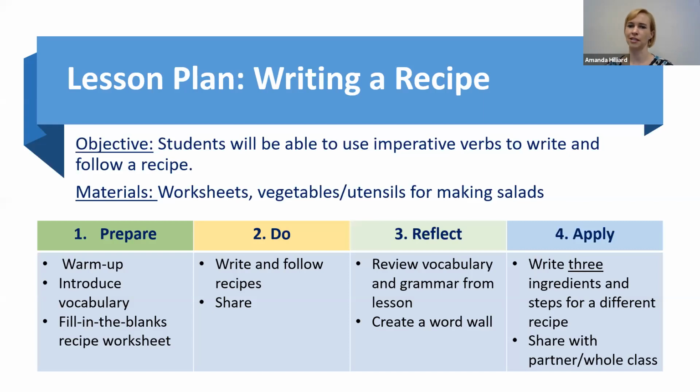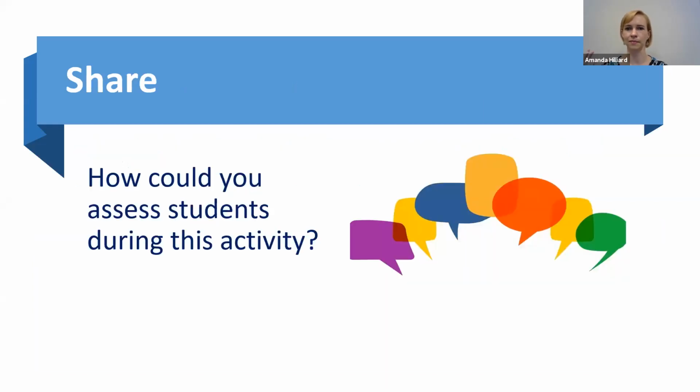After that, they reflect on the new language that they learned to create a word wall that will go up in the classroom as a reminder of the activity for future days. And at the end, they're applying what they learned by writing 3 other ingredients and 3 other steps for a different recipe, sharing with a partner and maybe with the whole class. So although I started planning with step 2, you can see we have all 4 steps here for my final lesson plan. Okay, let's take a look at the next slide.